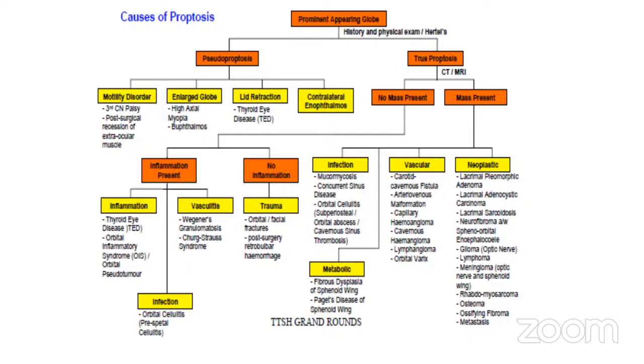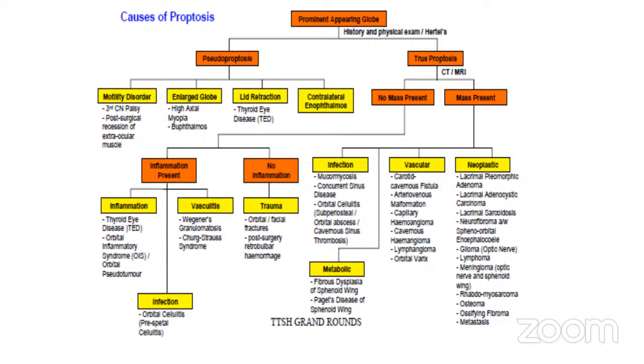A traumatic cause could also be there, with no inflammation. If there is a mass, it could be of infective cause, vascular, mucormycosis, or orbital thrombosis. Vascular causes include carotid cavernous fistula, AV malformation, capillary hemangioma, cavernous angioma, and an orbital varix.